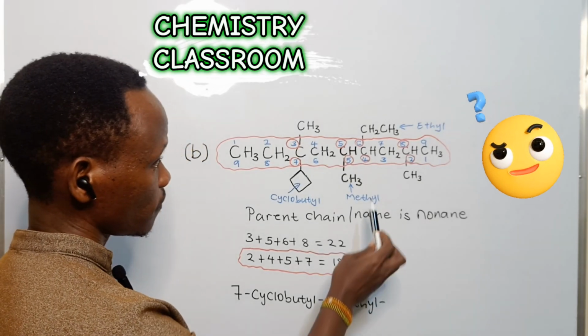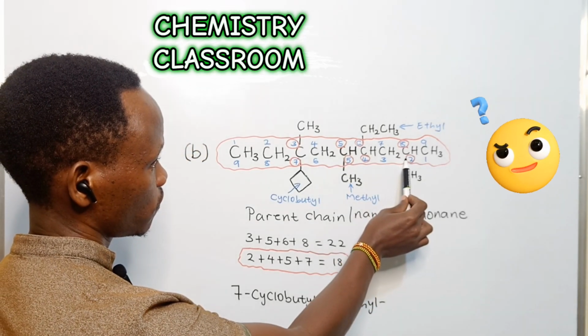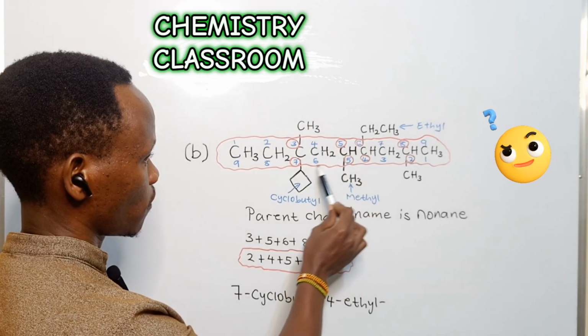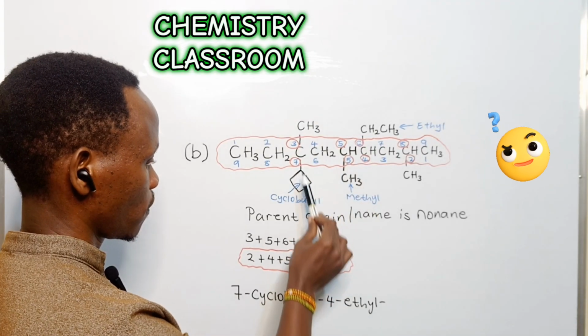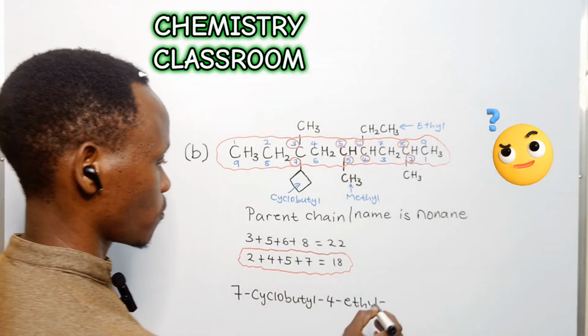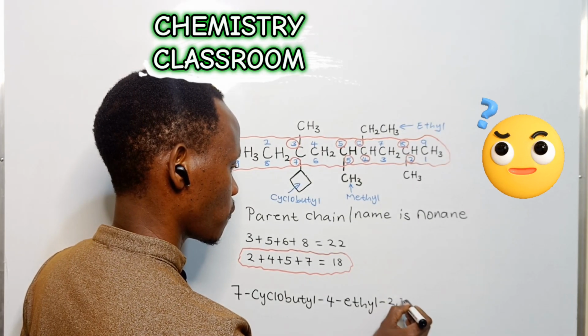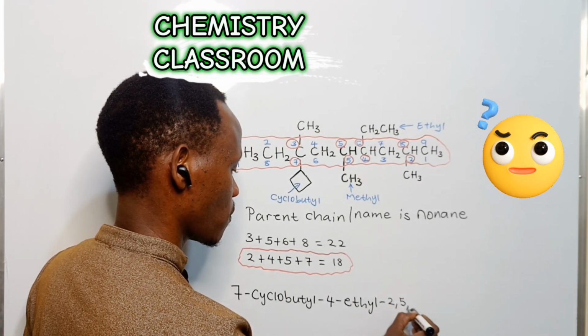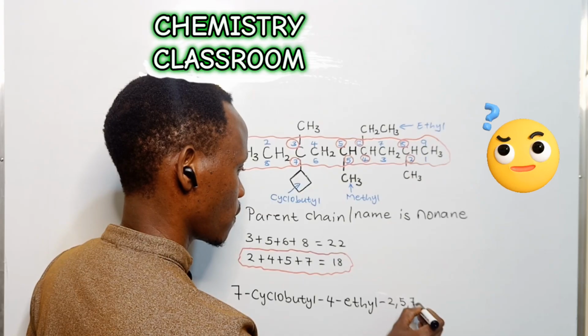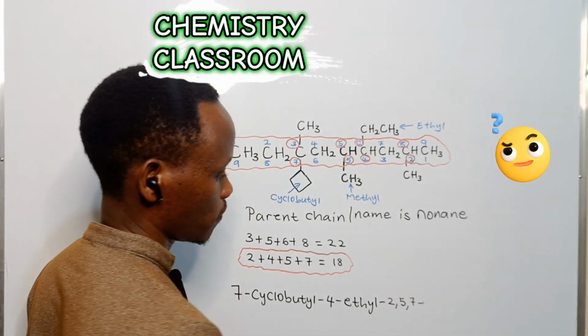Followed by, now on position 2, position 5, and position 7 we have methyl groups, so we write all of them 2, 5, 7, and then a hyphen.